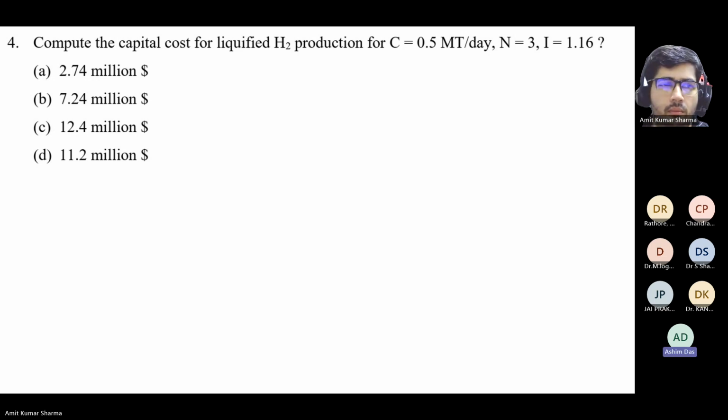It is D, I think, 11.2. 11.2, okay. So what is the formula?